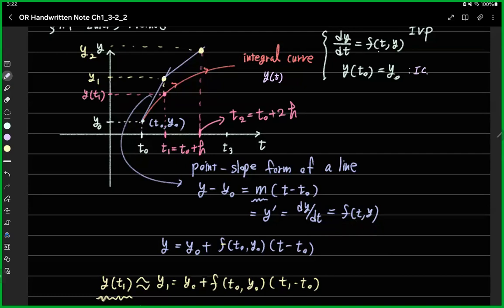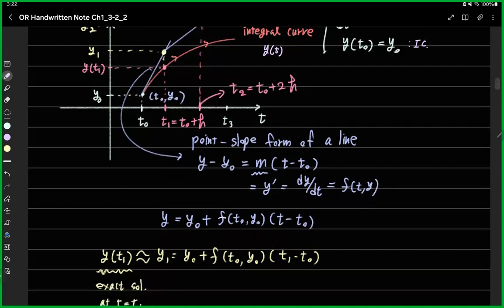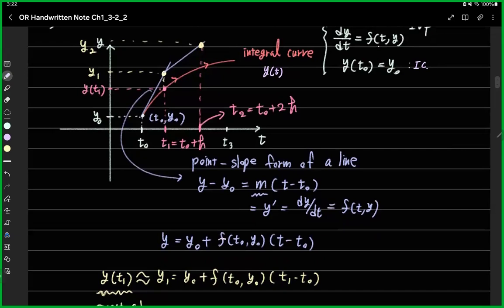Okay, so this is given, so we plug this into m. Yeah, so y is equal to y0 plus f of t0, y0 times t minus t0. So okay, we got the equation of the tangent line at t0, y0.